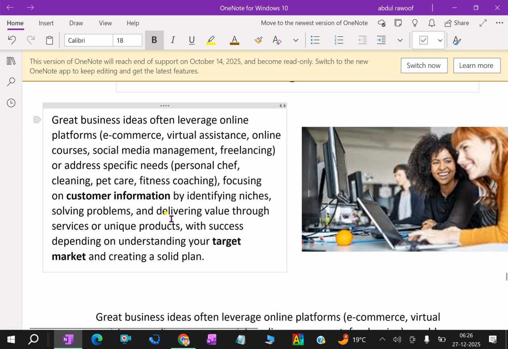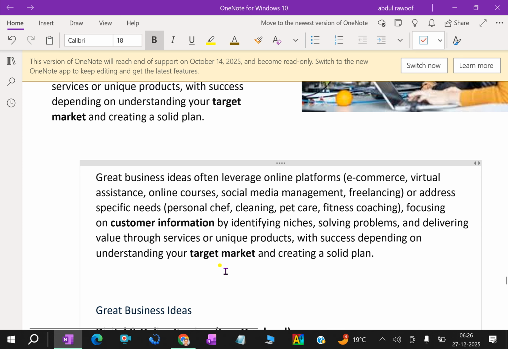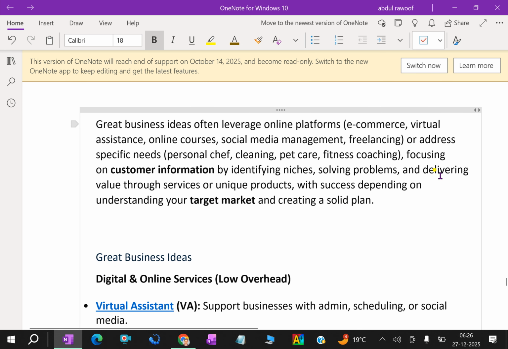Focusing on customer information by identifying niches, solving problems, and delivering value through services or unique products, with success depending on understanding your target market and creating a solid plan.